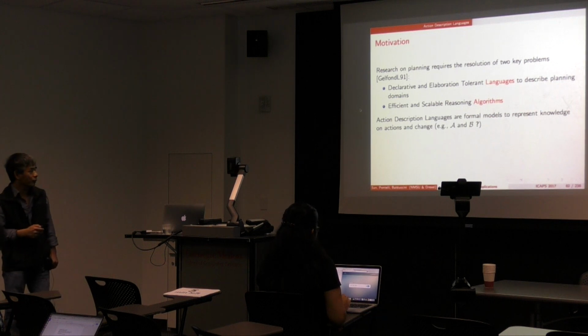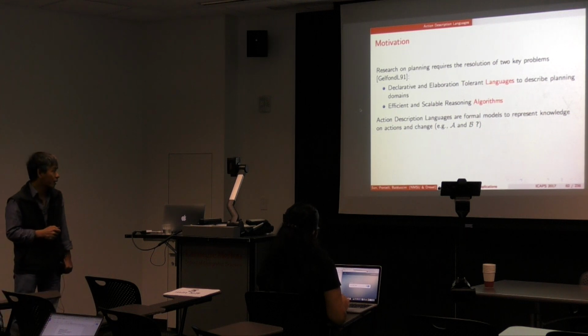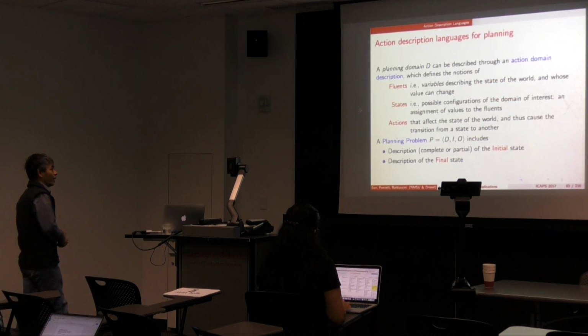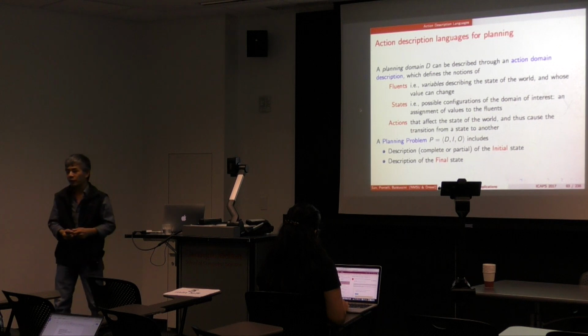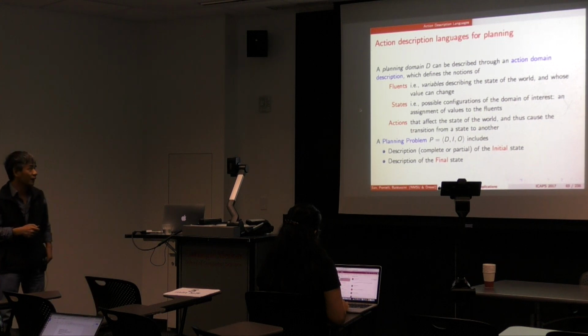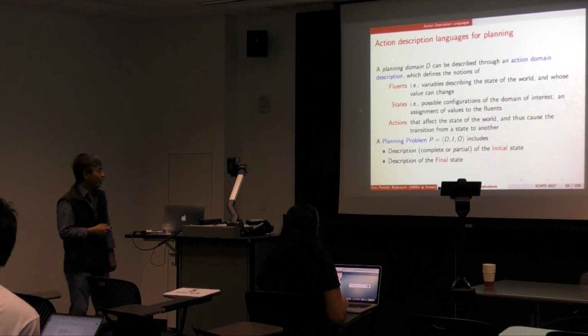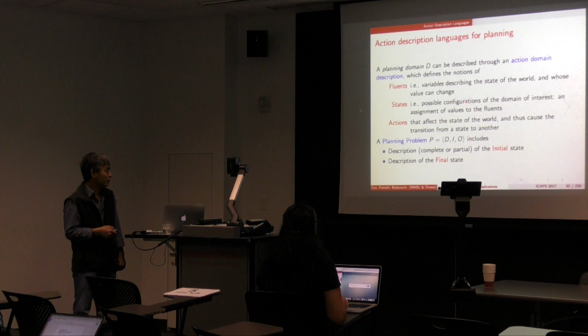So we will take the action language B that was first proposed by Gelfond and Lifschitz, and basically the action language has two components. One is that we define the elements of the domain that consist of fluents and actions, and then we formulate a planning problem as a domain D with the initial state I and then the goal O, right?